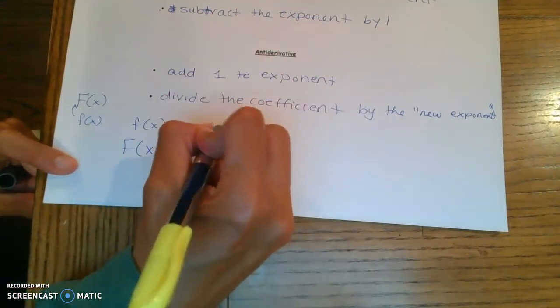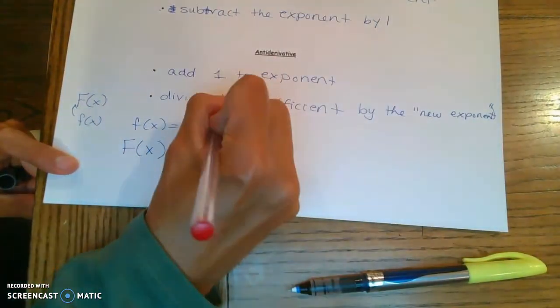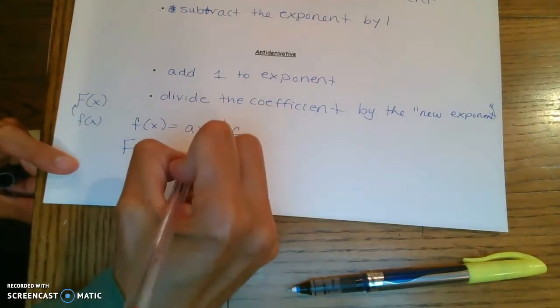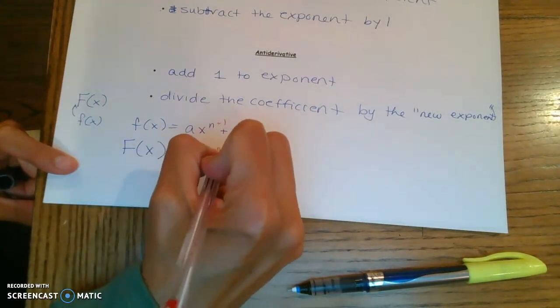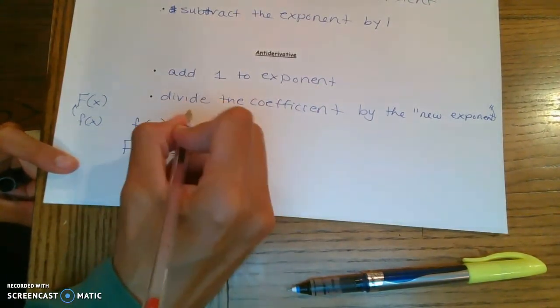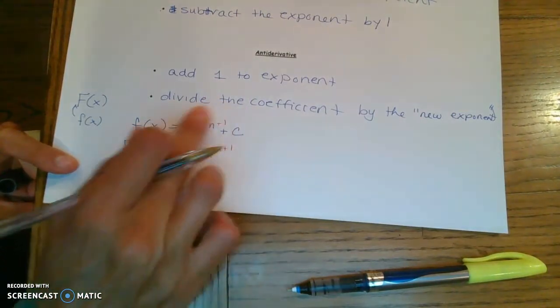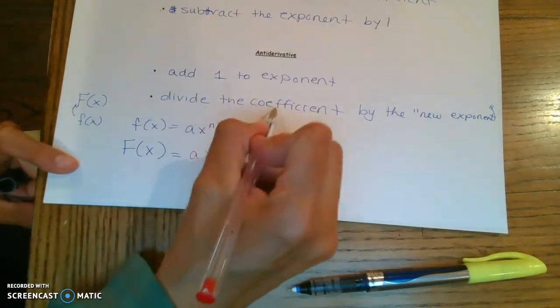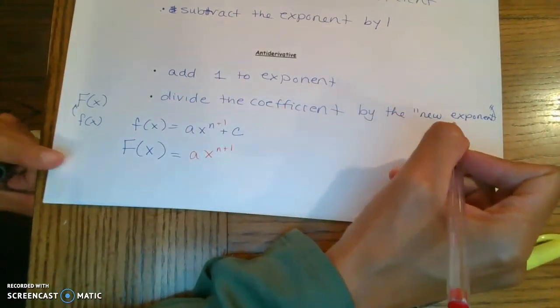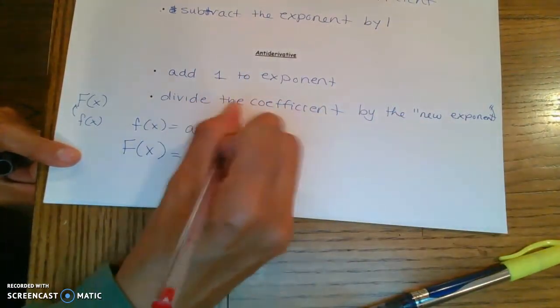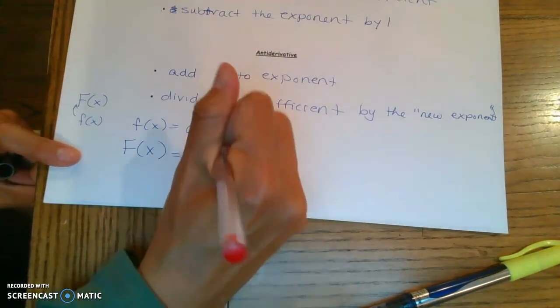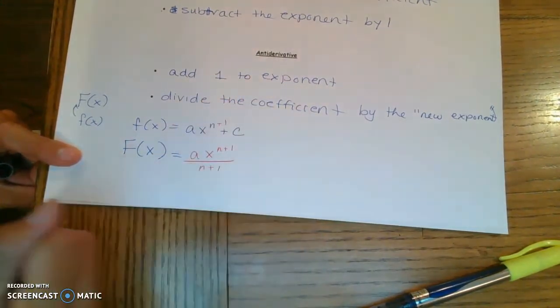Add 1 to the exponent. So I get a x to the n plus 1. And then my next step, now I'm just going to integrate the first term. Then the next step is to divide the coefficient by the new exponent. Well, my new exponent here is n plus 1.